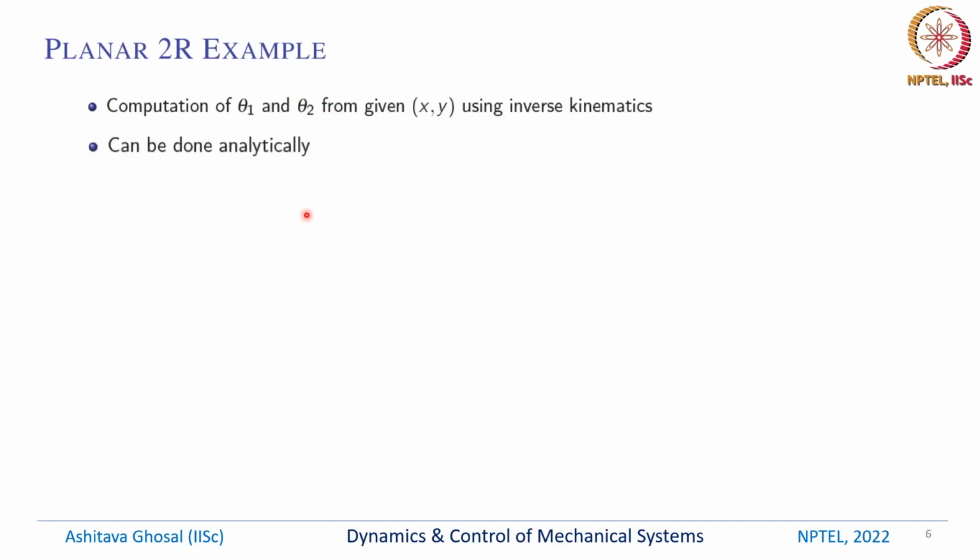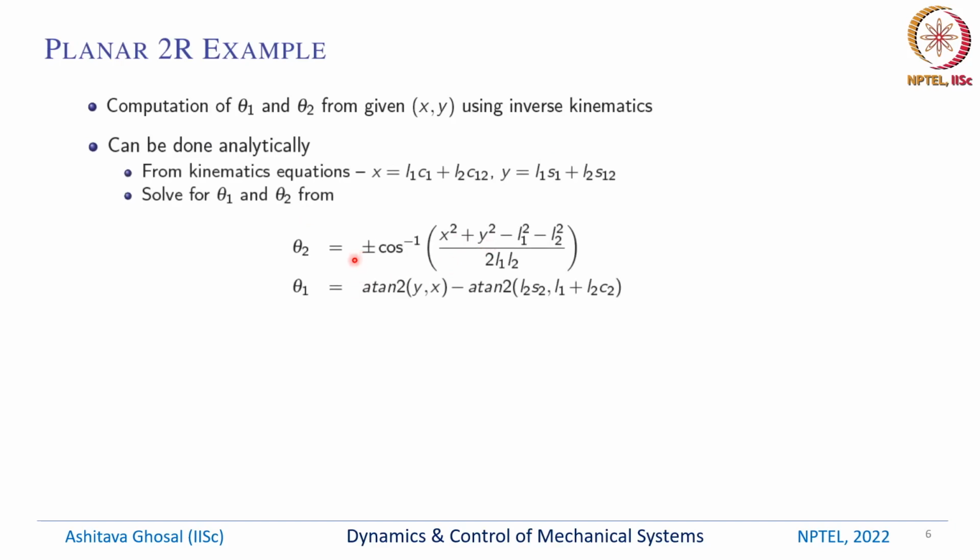This can be done analytically, and all we need to do is take the kinematics equations, x equals L1 C1 plus L2 C12 and y equals L1 S1 plus L2 S12. So we have two equations in two unknowns. We are given x and y, and we have to solve for theta 1 and theta 2. Remember, C1 means cos theta 1, C12 means cos of theta 1 plus theta 2, S1 means sin theta 1, S12 is sin of theta 1 plus theta 2.